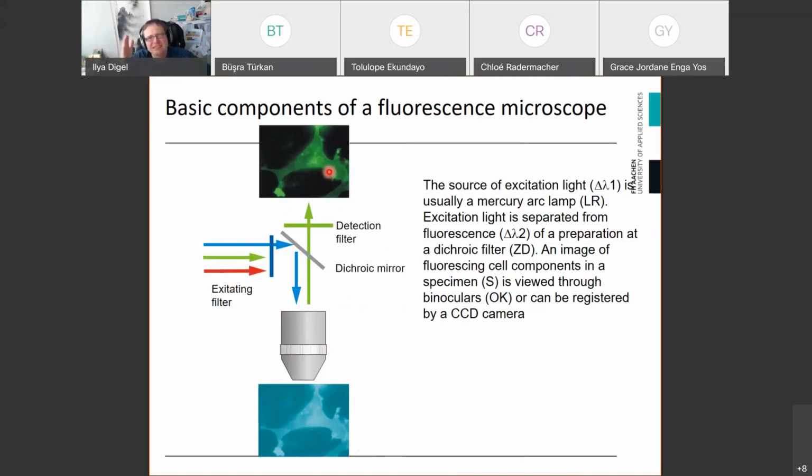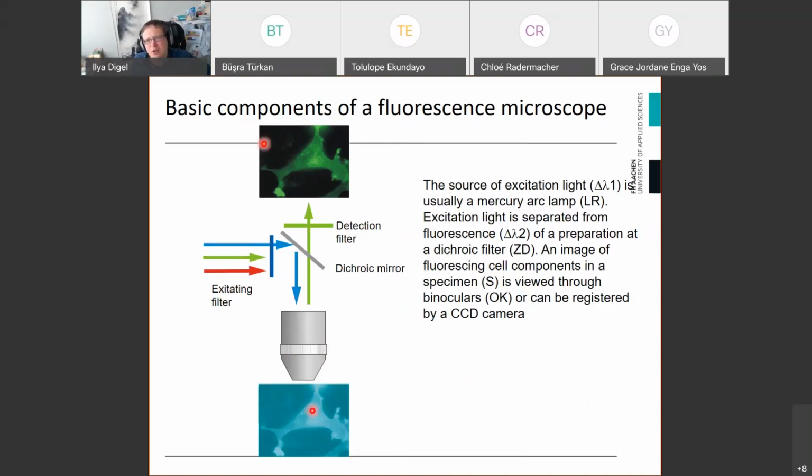So it needs to be selected from the rest, and you cut the rest off so that only one important wavelength remains. And this is the image you see. Not so hard actually to understand.